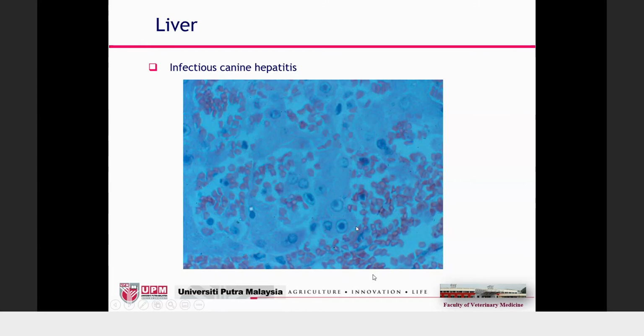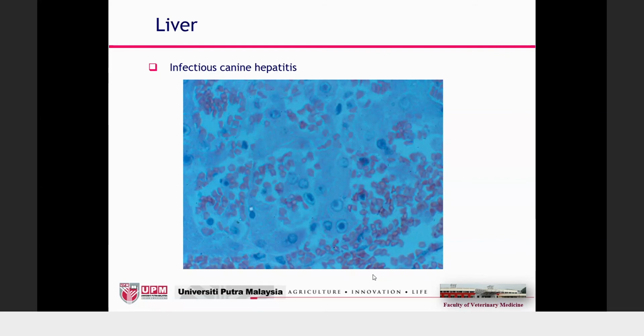So usually the intranuclear inclusion body can be presented in two different types of color. One is basophilic, one is eosinophilic. And it was believed, based on evidence from electron microscopy, that the basophilic one comprises numerous virus particles, while the eosinophilic one is more of a past infection, and what is left there is only the protein.